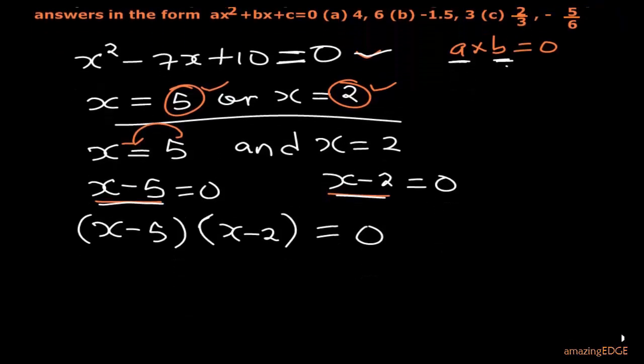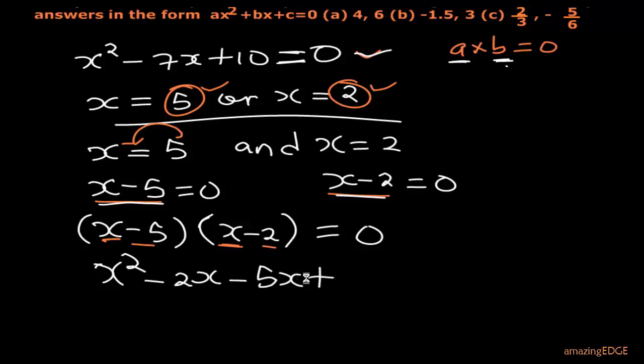So all you need to do is to expand. Here you have x times x gives you x squared. Here you have x times minus 2 gives you minus 2x. Here you have minus 5 times x gives you minus 5x. And finally, minus 5 times minus 2 gives you plus 10.